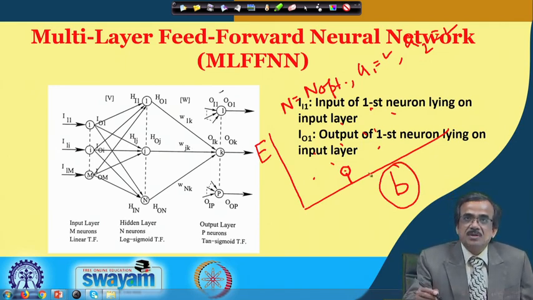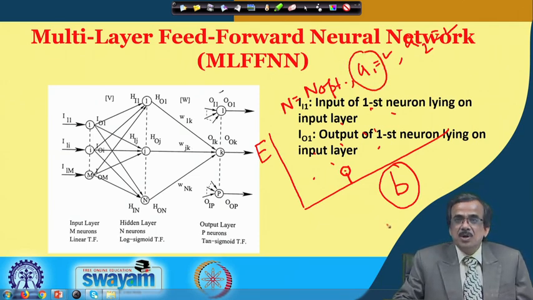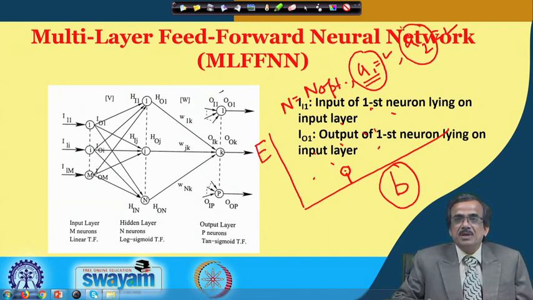Next, we start this study by varying a 1 and we try to find out what should be the optimal or near optimal value for a 1. Next, we start the study with the variation of a 2 and we try to find out what should be the near optimal value for a 2.